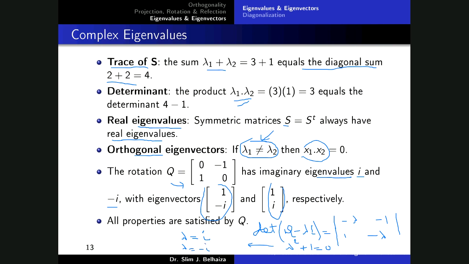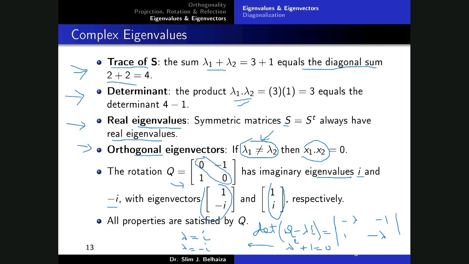Okay? So that is another way to observe it. Moreover, you can see that even for this rotation matrix, we satisfy all of the four properties announced above. First of all, what is the trace? The trace is the sum of the elements of the diagonal, right? Which is 0.